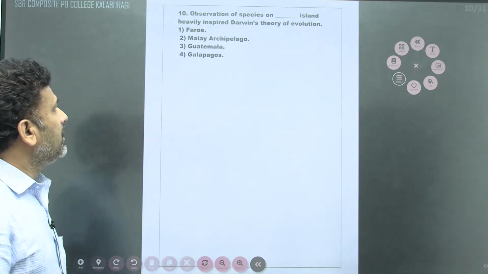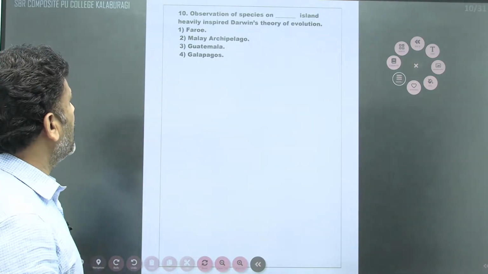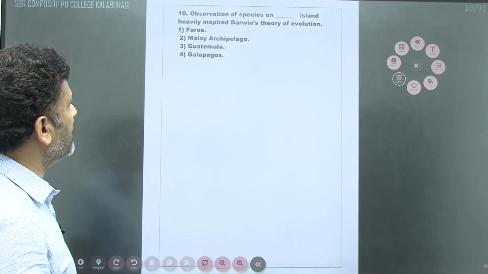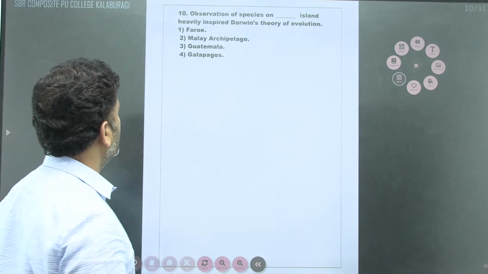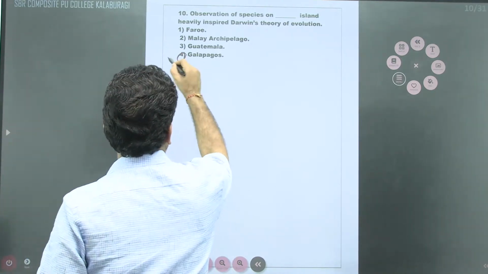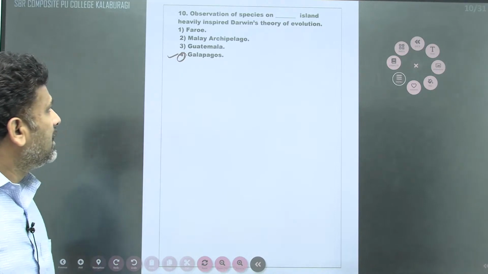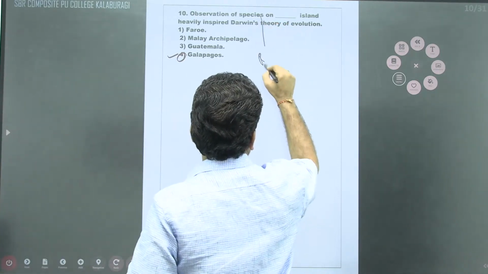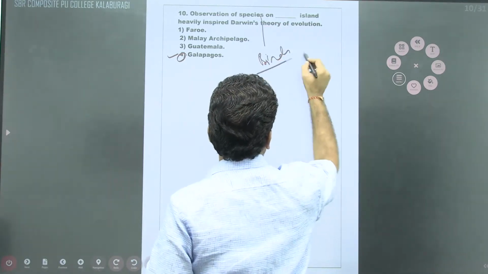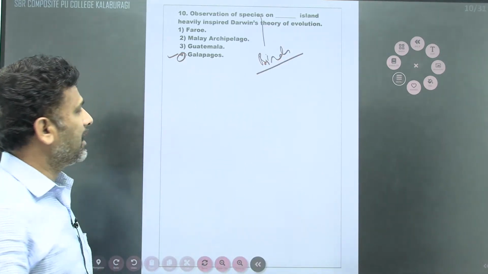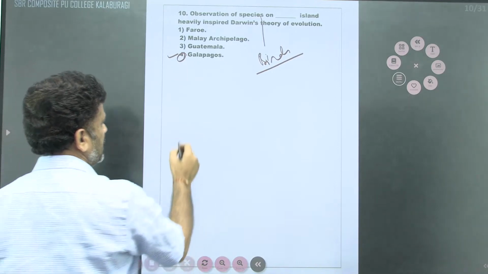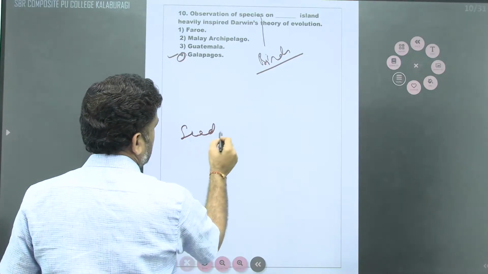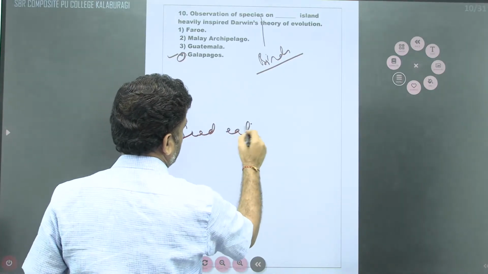Next, the tenth one. The observations of species on Galapagos Islands heavily inspired Darwin's theory of evolution. The bird species in Galapagos Islands were observed by Darwin. These birds mainly feed upon seeds.